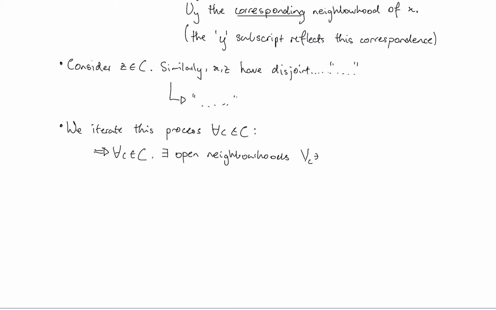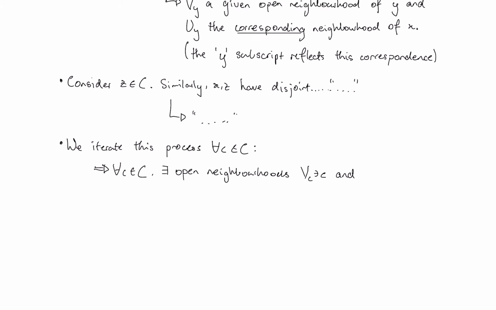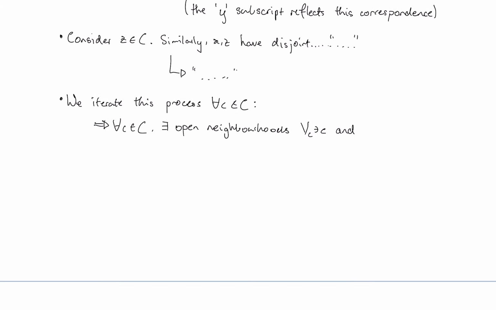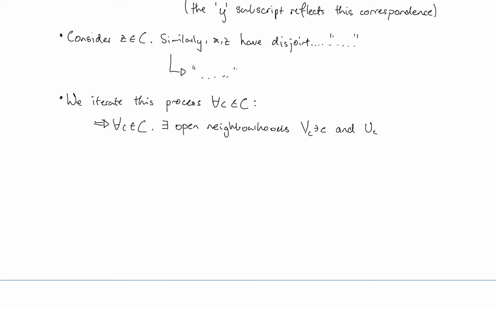And obviously, c lives inside this open neighborhood, and its corresponding disjoint neighborhood, Uc. And by definition, we have that X lives in here, such that the intersection between these two neighborhoods is the empty set. Okay.